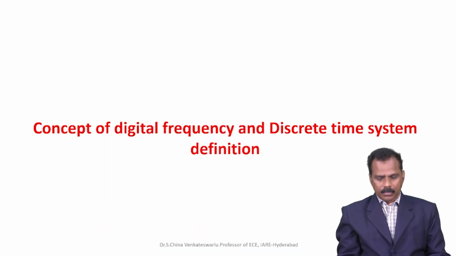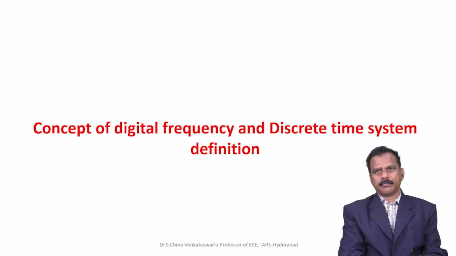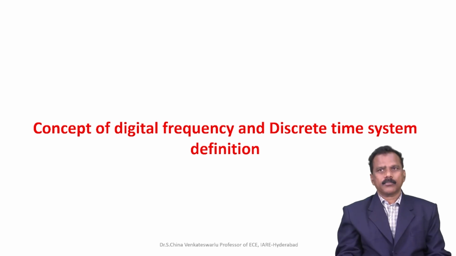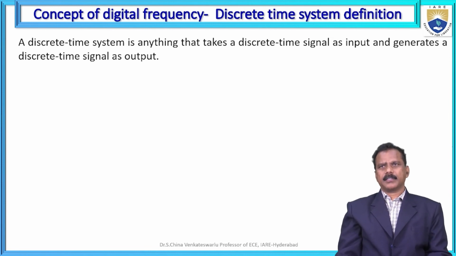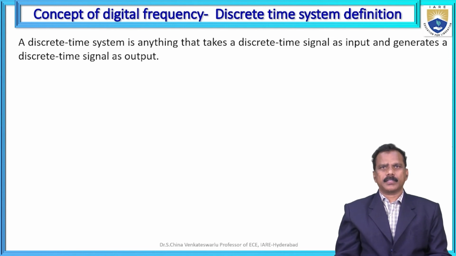Now coming to the concept of digital frequency and the discrete time system definition. A discrete time system is anything that takes a discrete time signal as input and generates a discrete time signal as output.